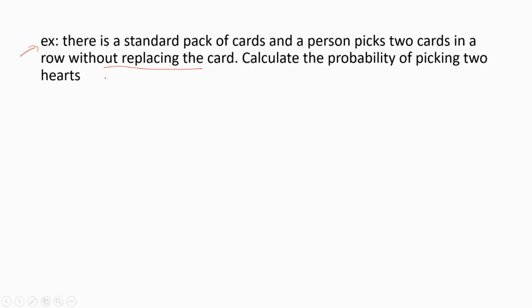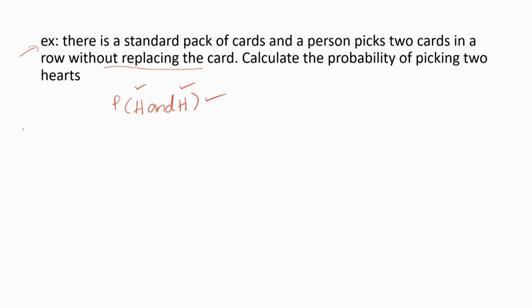So, in this example, we have to calculate the probability of picking two hearts, which means the probability of picking heart and heart. This is what they are asking. Both cards being hearts. This is the multiplication law. We discussed this. So in order to do that, we have to calculate the individual probabilities separately.